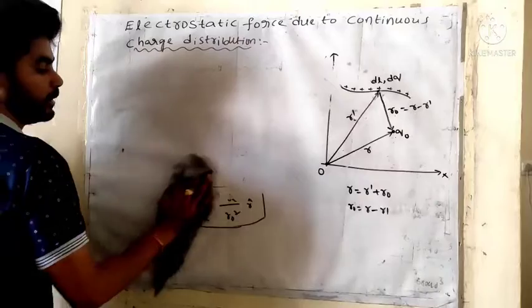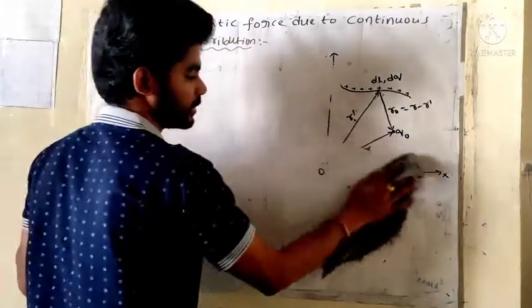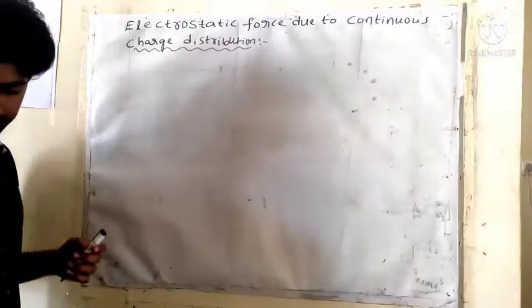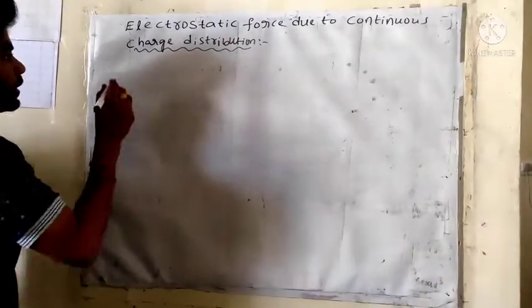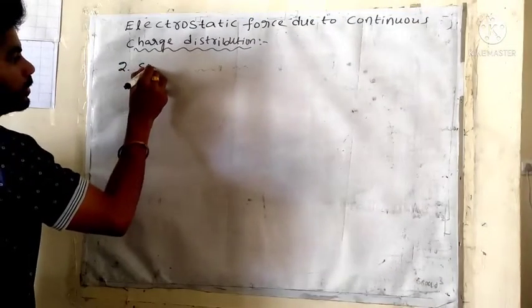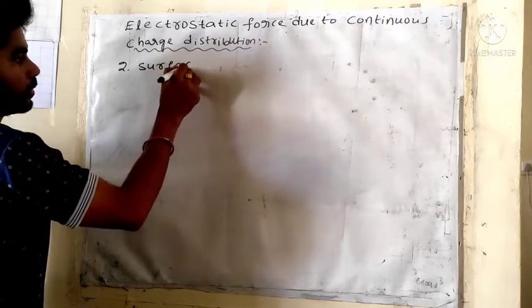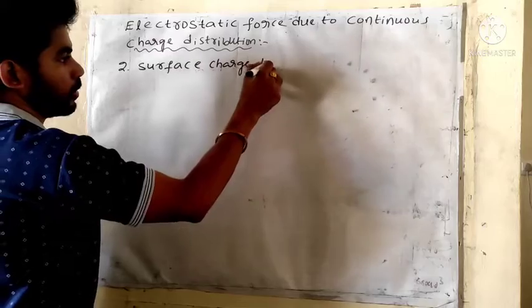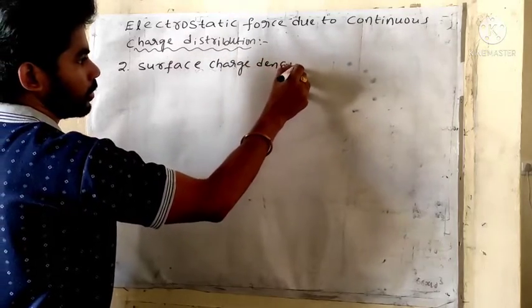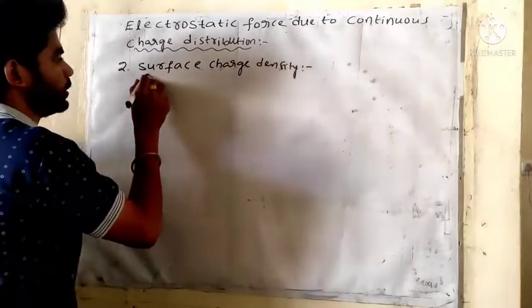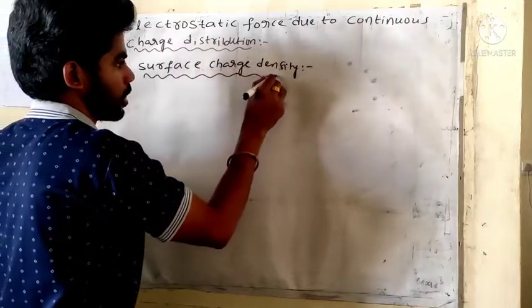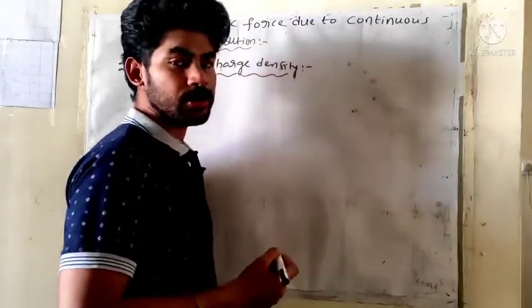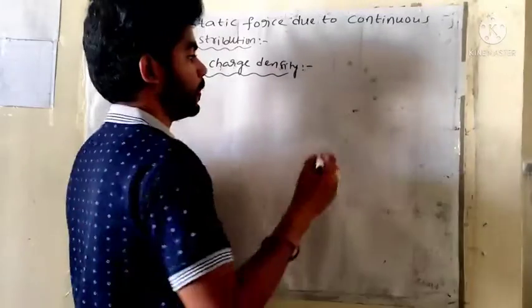The second one is surface charge density. Surface charge means the charge is distributed over two dimensions.